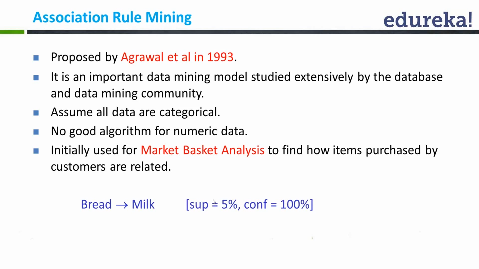So you can promote different products or give coupons on different products using those association analyses. That's like a product sale, essentially.